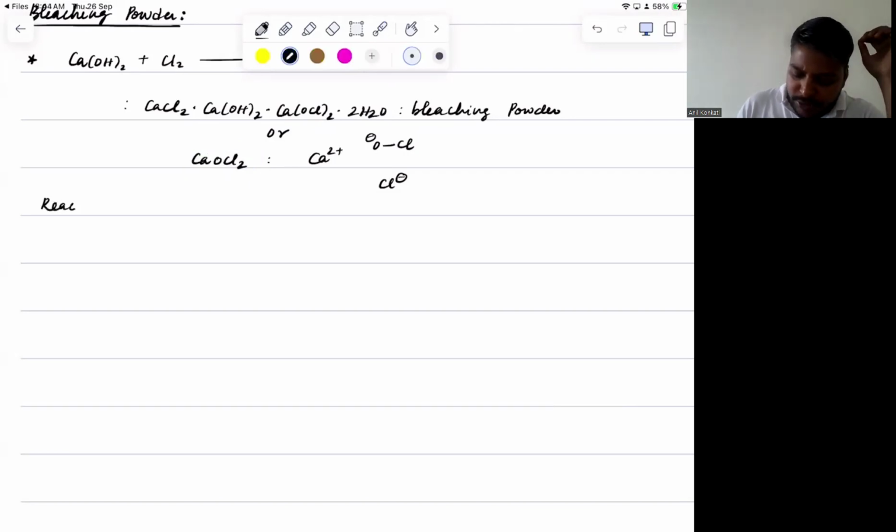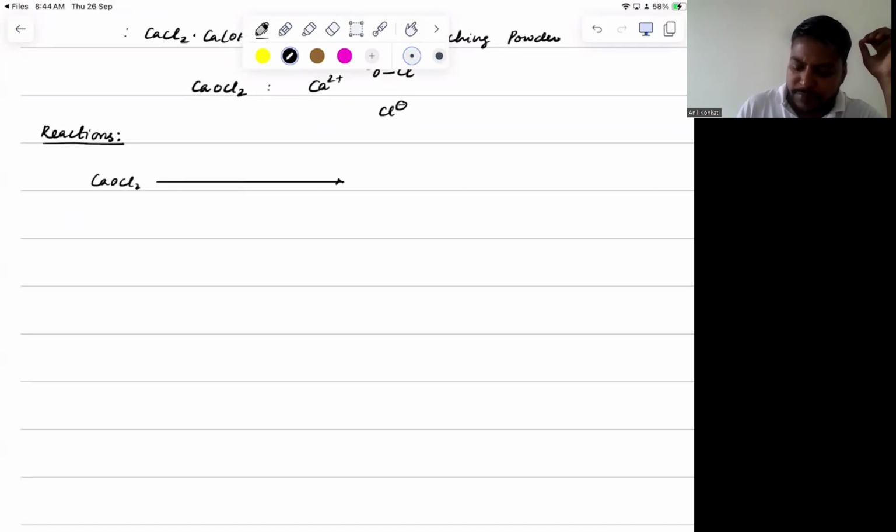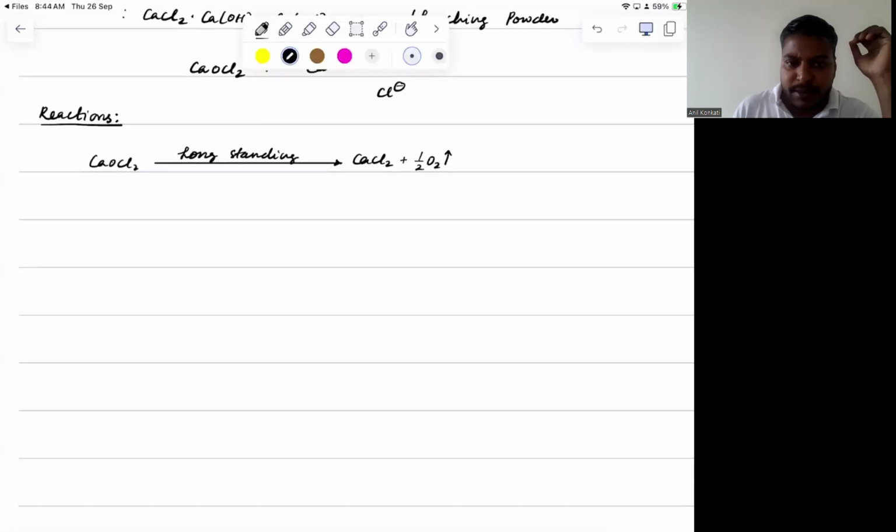So what reactions does it go through? See that CaOCl2, if you keep it for long standing, will convert into CaCl2 plus half O2. This is the reaction that happens. Next, if you react CaOCl2, it changes into Ca2+ plus Cl minus plus OCl minus.